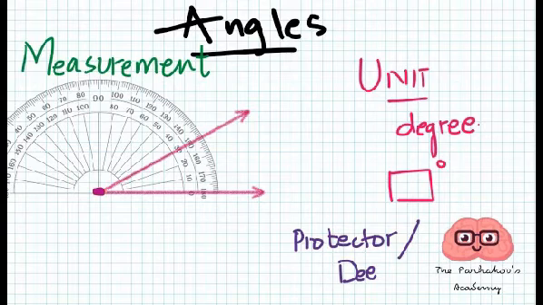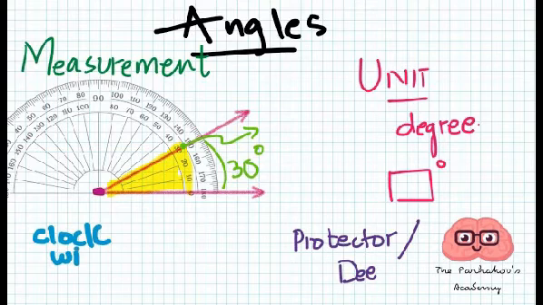Now it is basically the amount of rotation. So we'll see this one. This shows the amount of rotation, and on this scale it is coinciding at 30 degrees. So this angle is 30 degrees. So this is how we measure it.